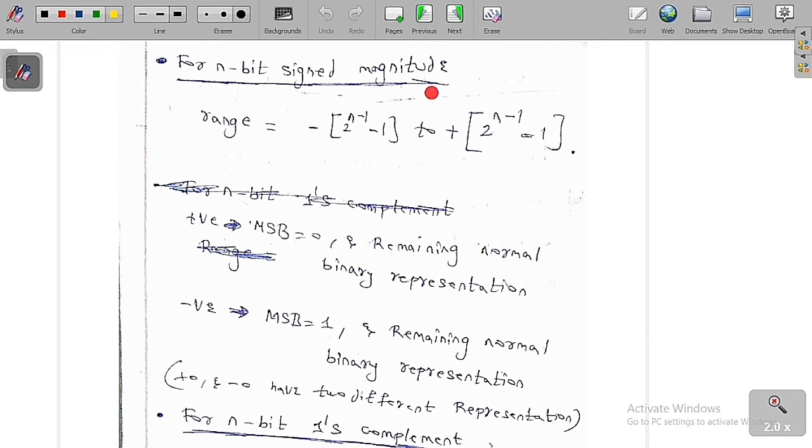So for n-bit signed magnitude, a positive number is represented by MSB equal to 0 and the remaining normal binary representation, and a negative number by MSB equal to 1 and the remaining normal binary representation.